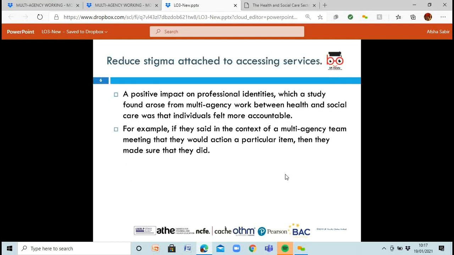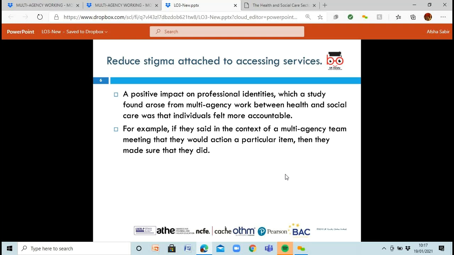There's actually a stigma that's attached to these services, so there can be a positive impact on professional identities within multidisciplinary work. With multidisciplinary, we're talking about partnership working. It just shows that social care individuals and health care individuals are feeling more accountable towards their role, and they can actually say, I'm going to do this and it will get done.